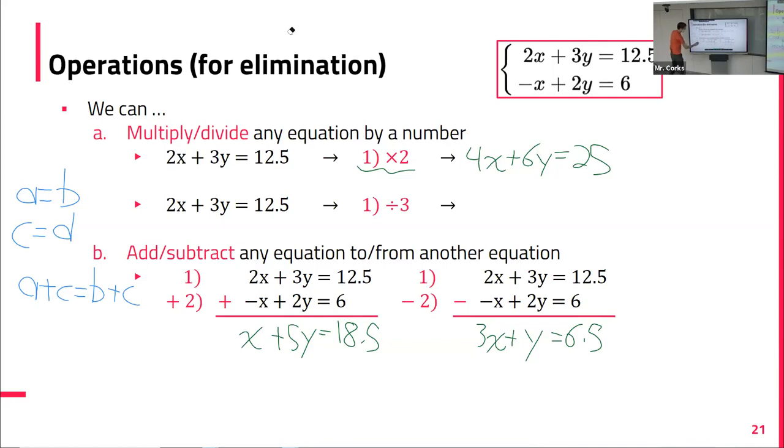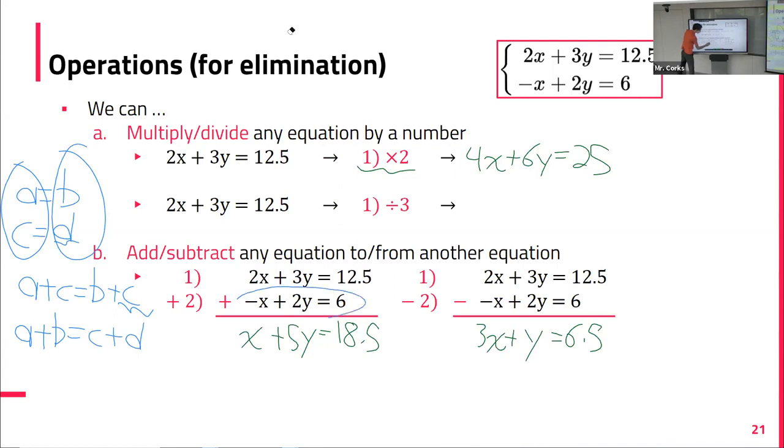All right, but this C is equal to D. So I could just rewrite that to be A plus C equals B plus D. That seems okay? Okay, so what I did was I just added the two left sides together and the two right sides together. So basically, it works because it stays balanced.